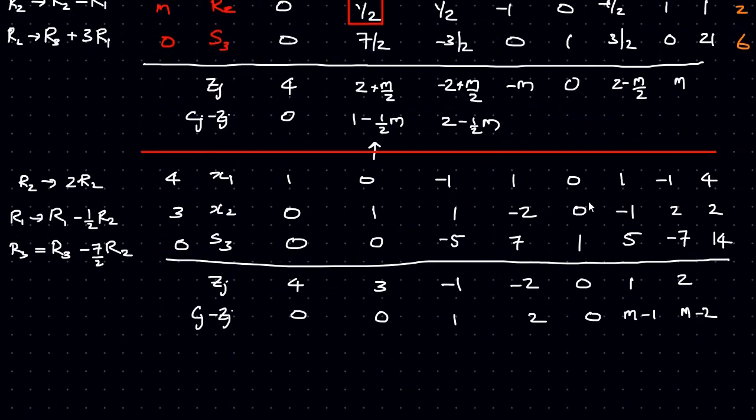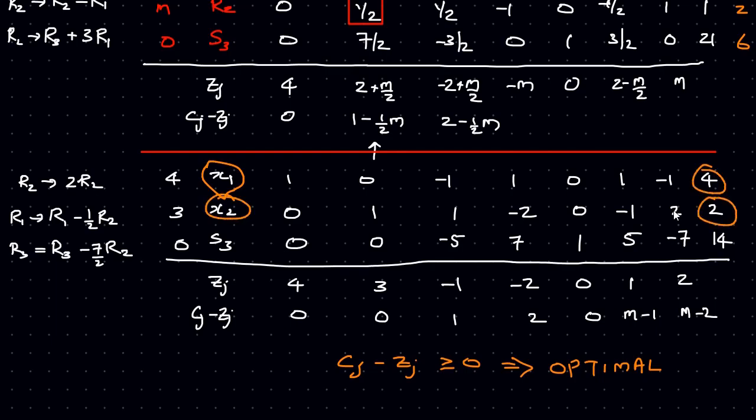Now if you see, all of these cj minus zj values are positive, right? So we have reached the condition where all cj minus zj is greater than or equal to 0, and that means we have reached the optimal solution. Our solution will be x1 equal to 4 and x2 equal to 2.